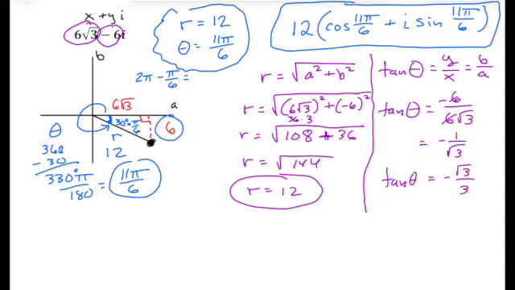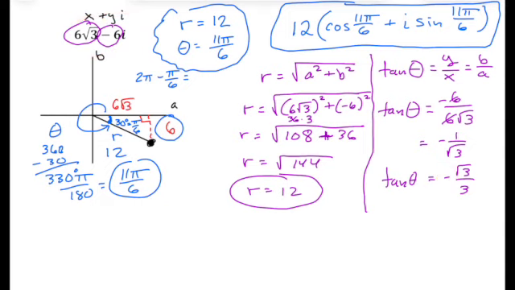The one thing you do have to think about is what quadrant you're in, because tangent is negative in two quadrants, right? Quadrant 2 and quadrant 4. So you at least have to think about which quadrant this would put you in if you were to graph it, so you know which angle you're going for.